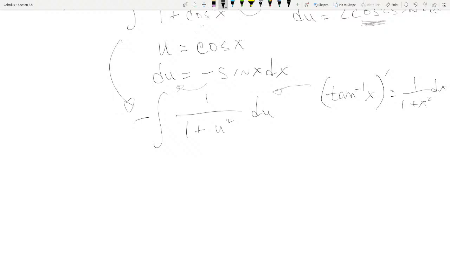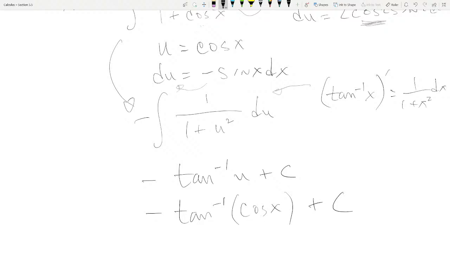You see? So there we go. This is equal to minus inverse tangent u plus c. And then I have to put back what u is. u is equal to cosine x, plus c. There you go.